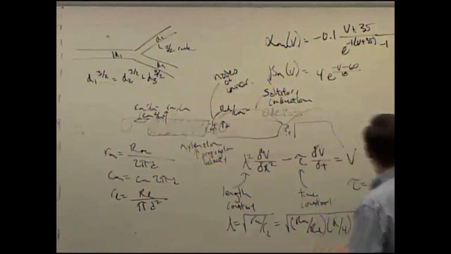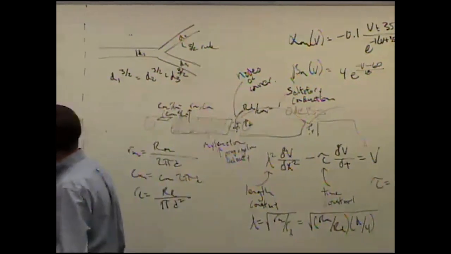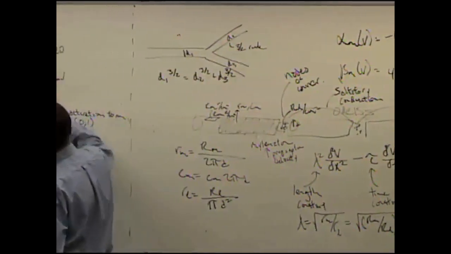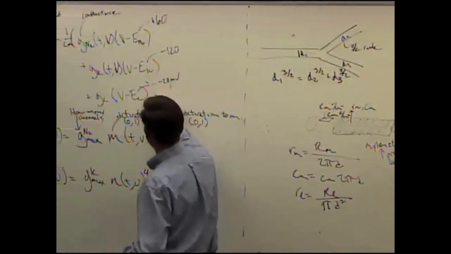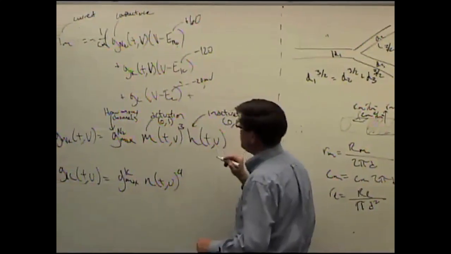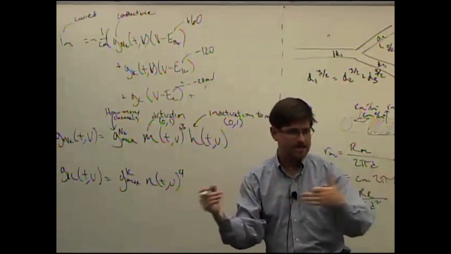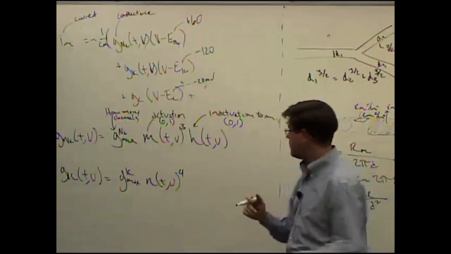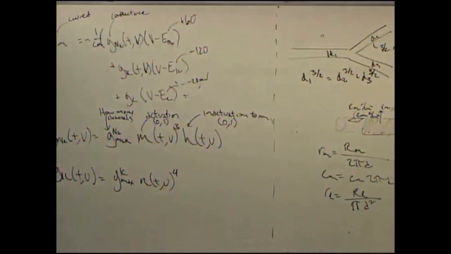One last thing I want to show: in these equations here, we had leak, sodium, potassium, leak. We can also add in things like the current coming in from along the axis, right? So these equations here, we can write a discrete form of these equations.